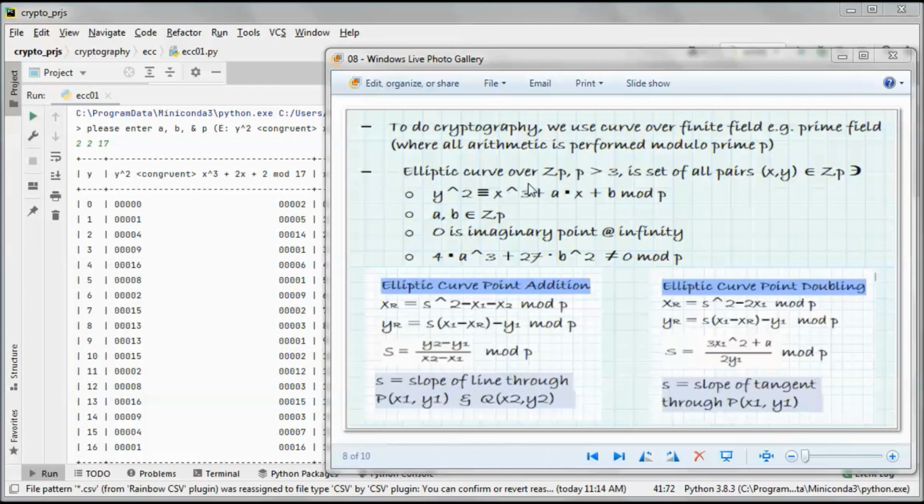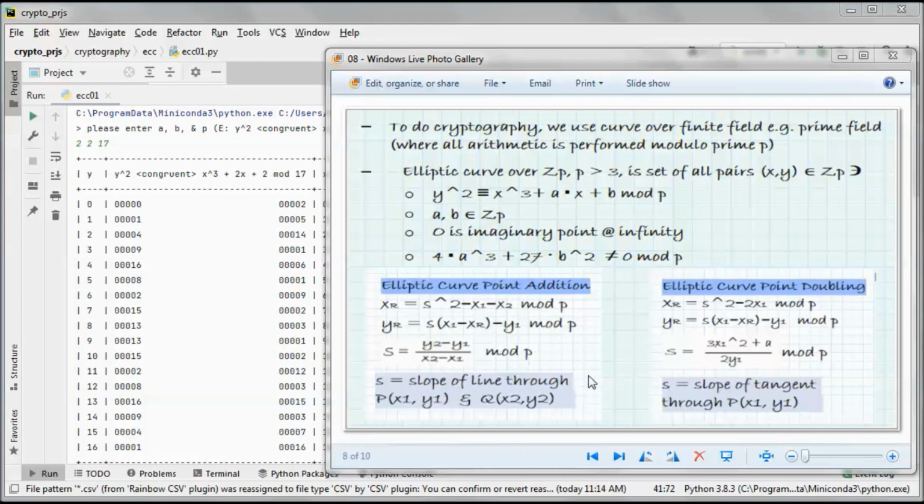So an elliptic curve over Zp, where p is bigger than 3, is the set of all pairs x, y in Zp such that y squared is congruent to x cubed plus ax plus b in mod p, and a and b are in Zp, and O is an imaginary point at infinity, and this equation is different than 0 in mod p.